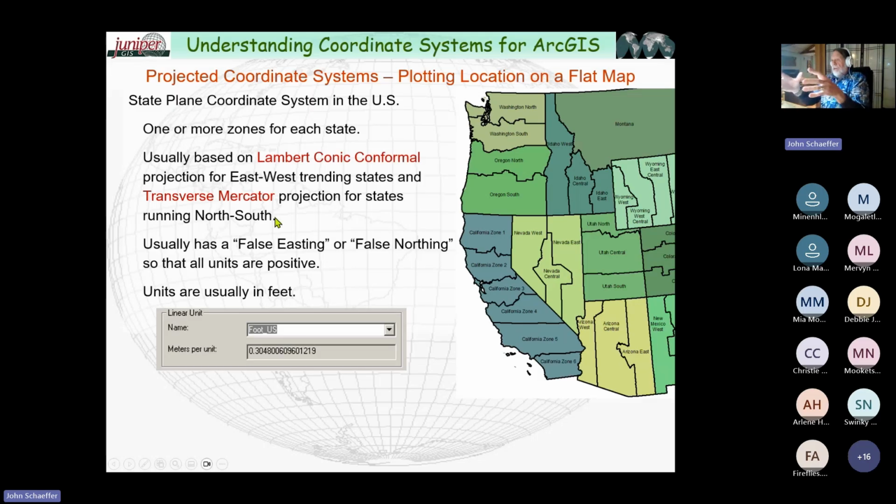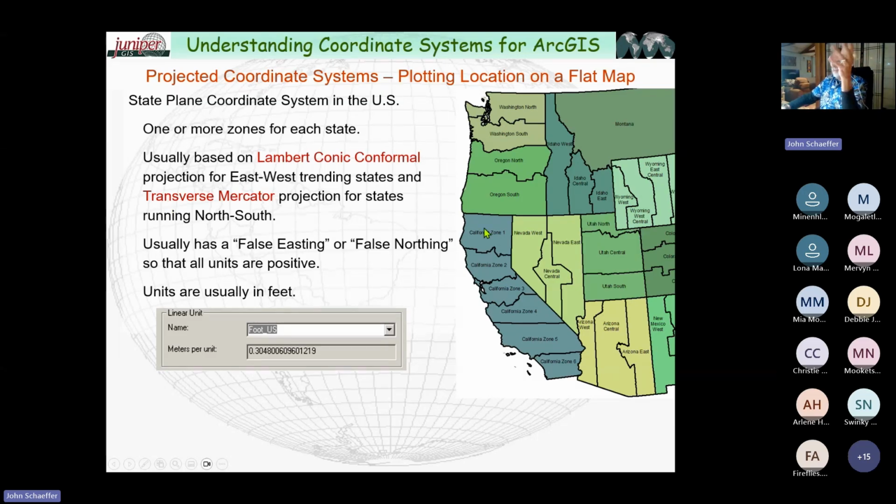So remember, transverse Mercator, take a cylinder, turn it on its side, and the true or the standard line runs north-south. So for example, Idaho is definitely a north-south trending state, okay?